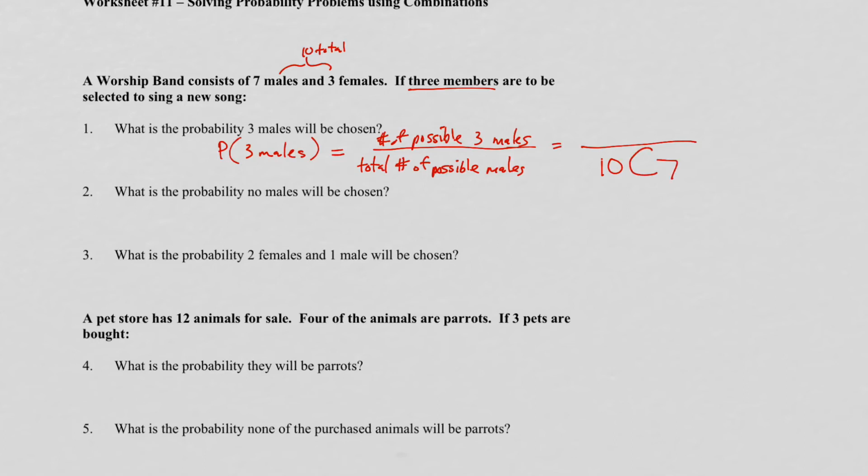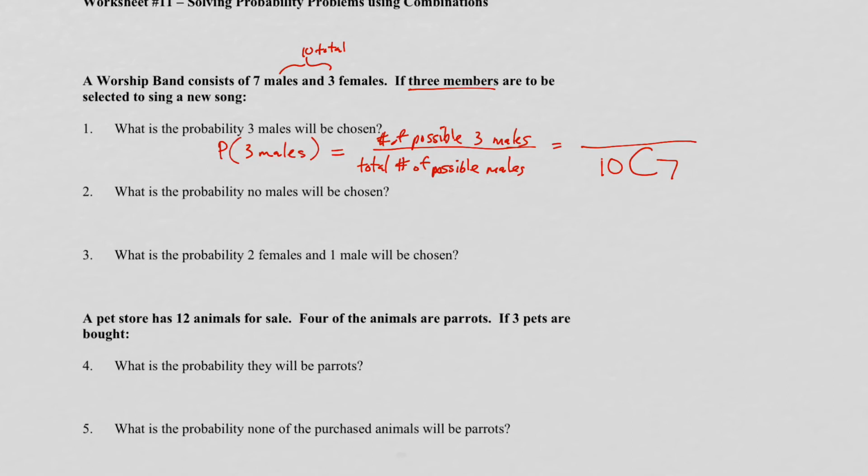We're grabbing 7 from the 10. We're not grabbing all 10, okay, that's the problem, because not all 10 are males. Only 7 of the 10 are males. That gives us our total number.